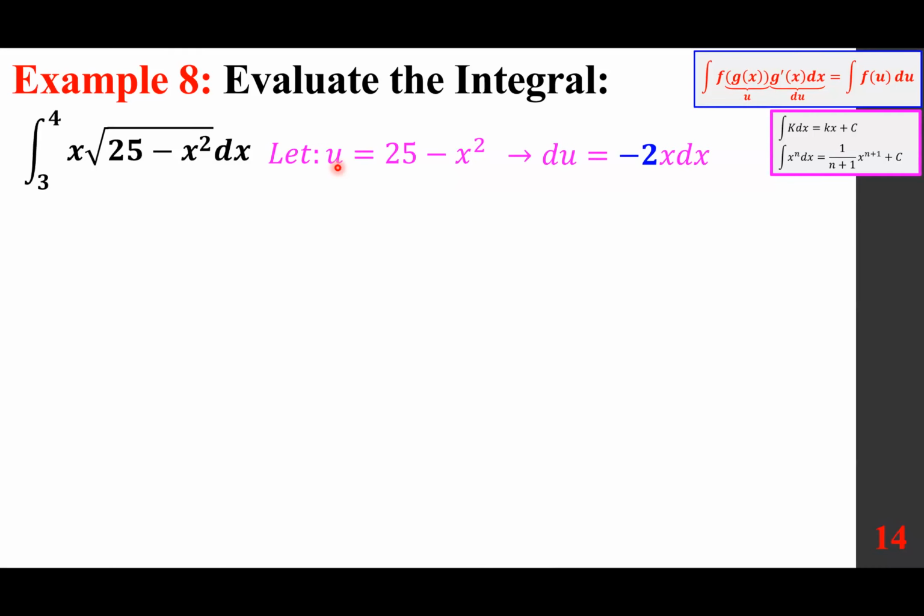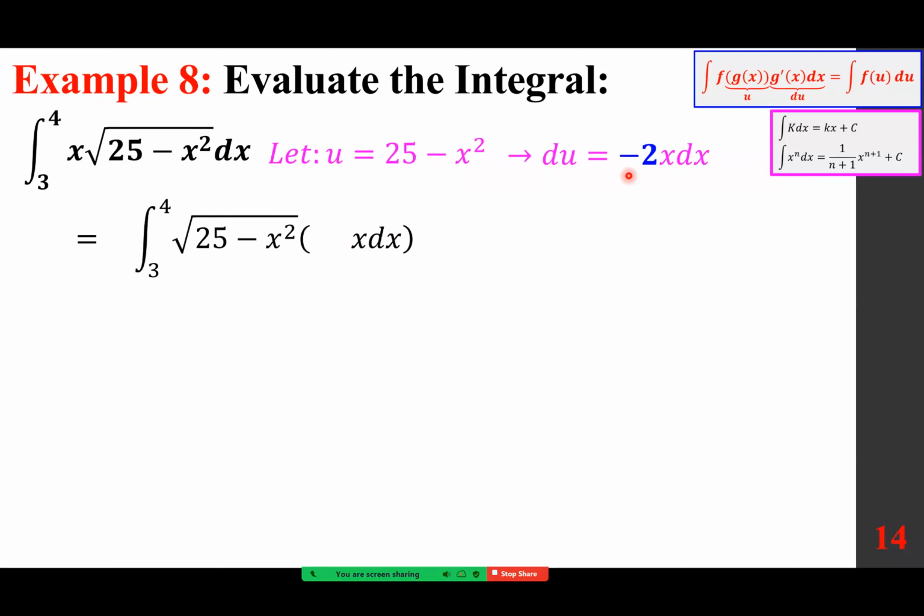We are going to move the x next to the dx. We compare and we see everything is in good shape except negative 2 is missing. Again, you could solve for dx or just follow this number negative 2. Throw in number negative 2.